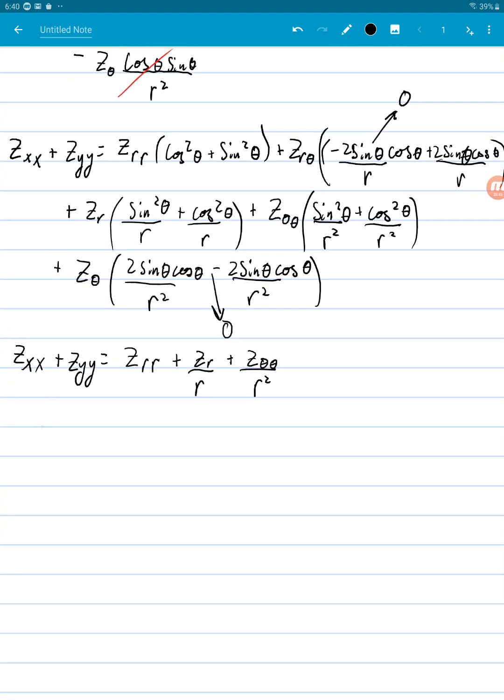And if zxx plus zyy is equal to 0, then since the two are equal to each other, zrr plus zr over r plus z theta theta over r squared is equal to 0 as well.